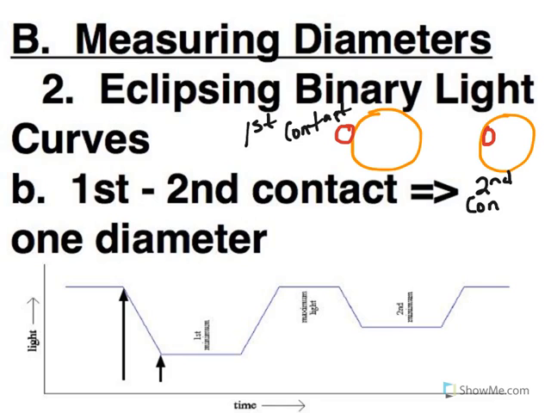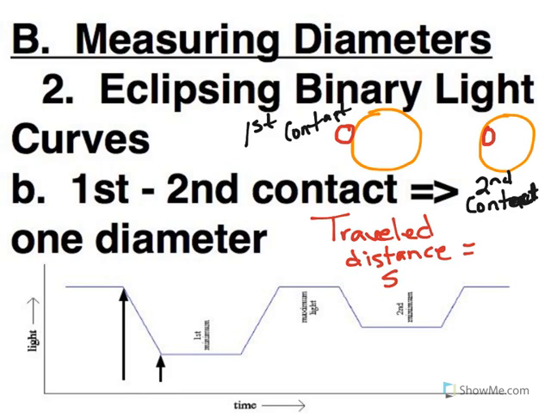So it has traveled a distance equal to the small star's diameter.